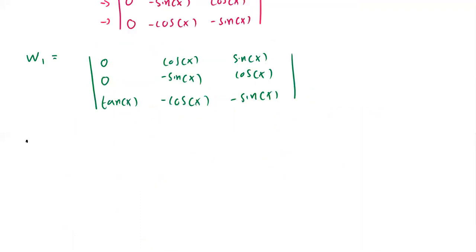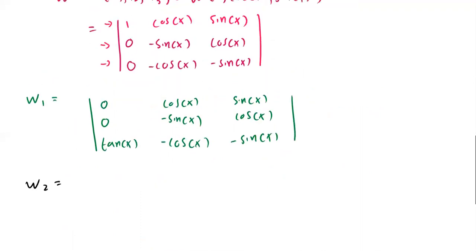So let's find the other ones. We found W1. W2 is going to be, again, the same Wronskian as W, but you now replace the second column. So the first column is the same. The second column, you replace with a column of all zeros and g of x at the end. The third column stays the same.